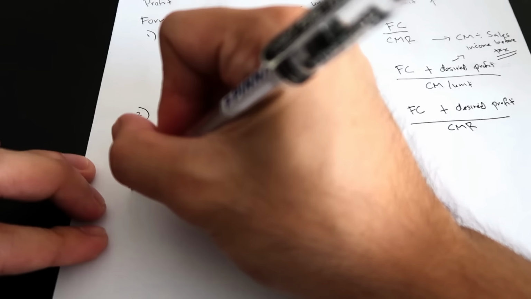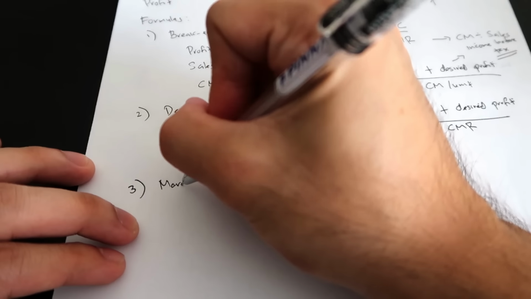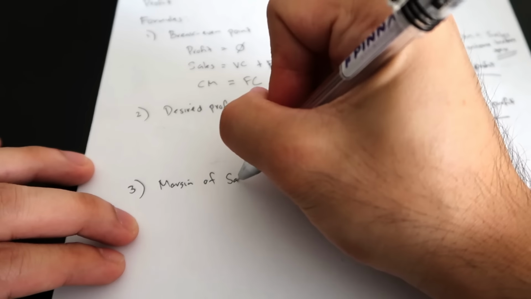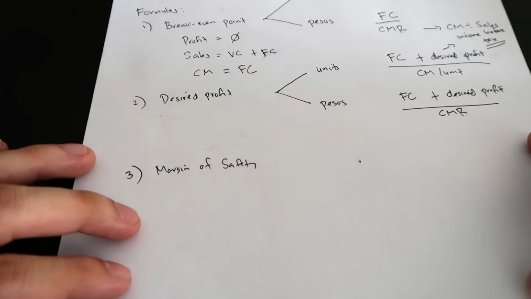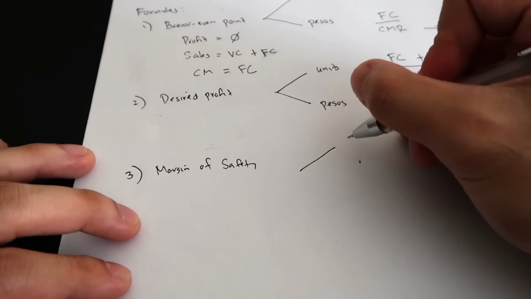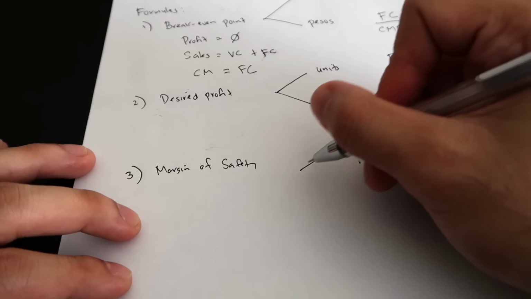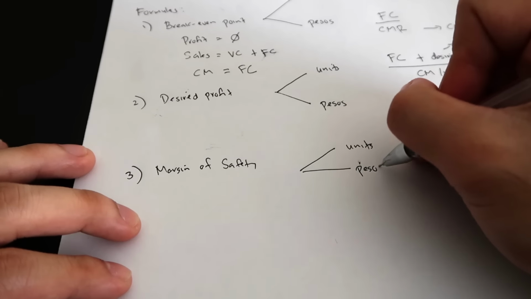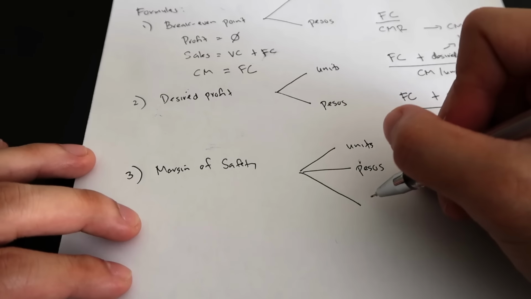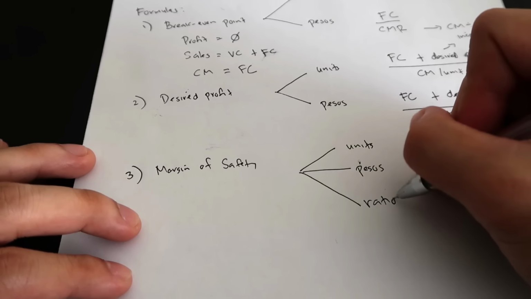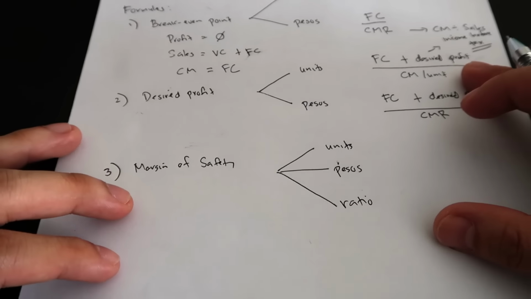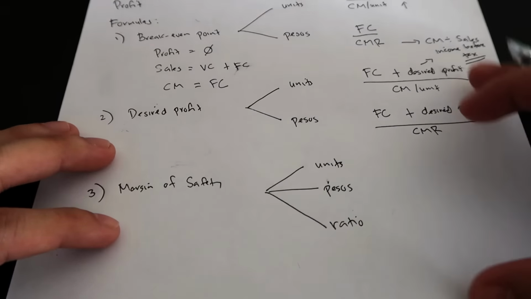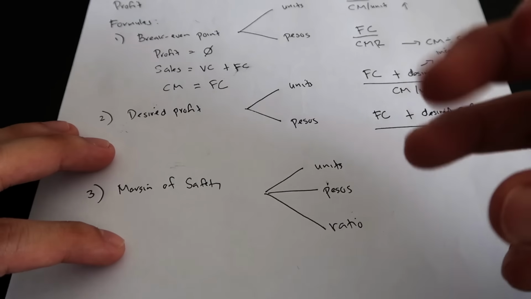Next formula is what we call margin of safety. Margin of safety can be in units, it can be in pesos, or it can be computed as the margin of safety ratio. What is margin of safety? Basically, this is the buffer in your sales.